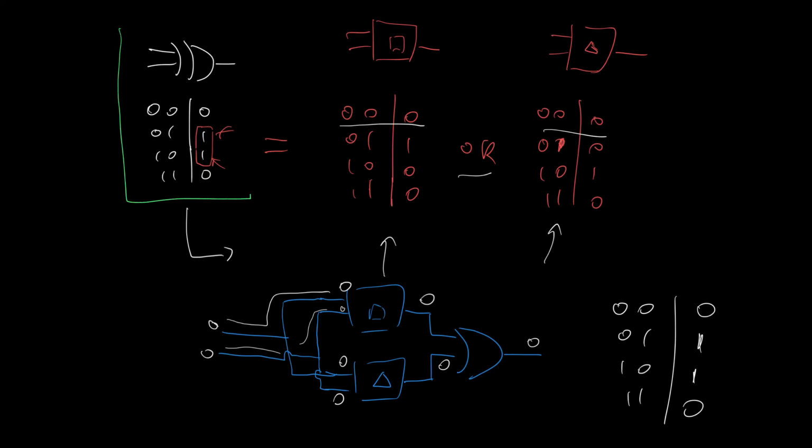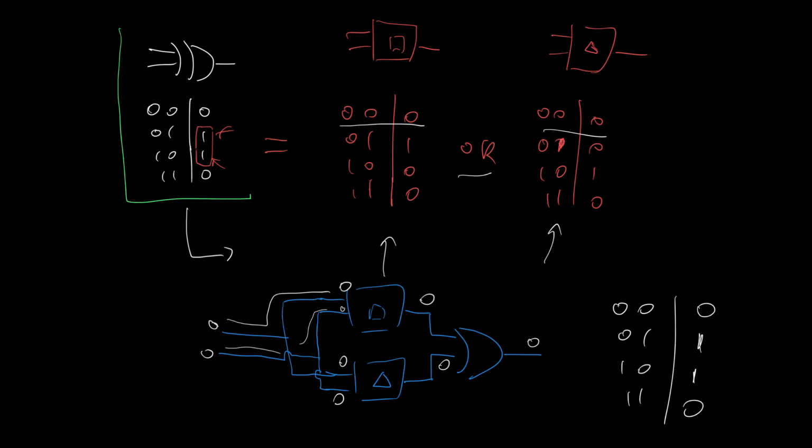So here I've got 2 1s in the second spot and the third spot. So I need one logic gate that gives me a 1 in the second spot, and I need another logic gate that gives me a 1 in the third spot. And then we can see that to get the truth table that we want, all we need to do is take these intermediate truth tables and OR them together. And then the output is going to be exactly what we want.